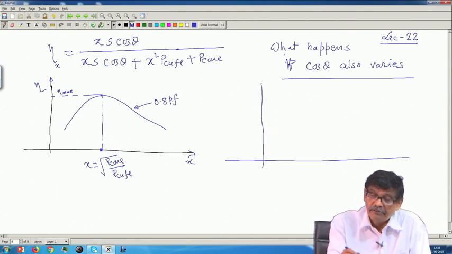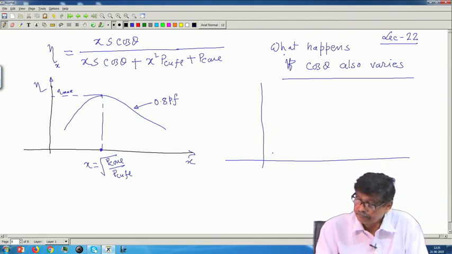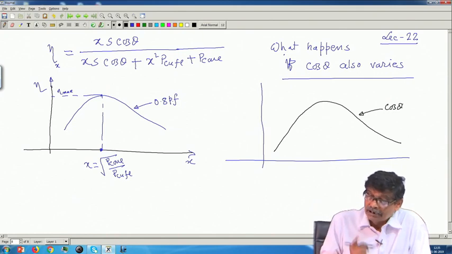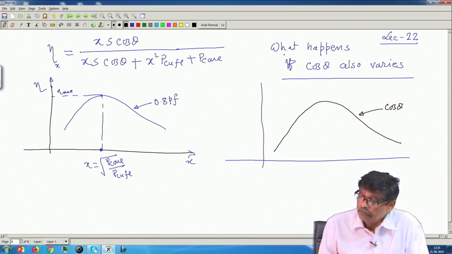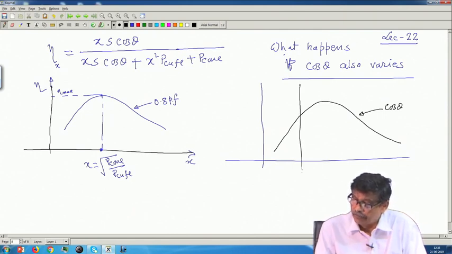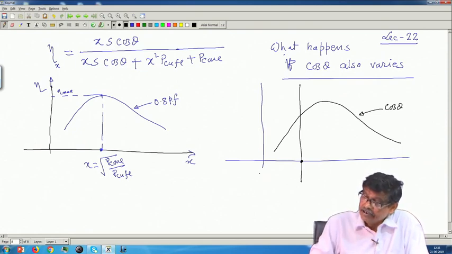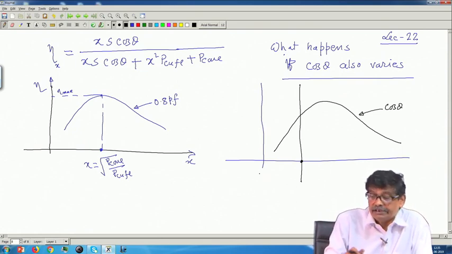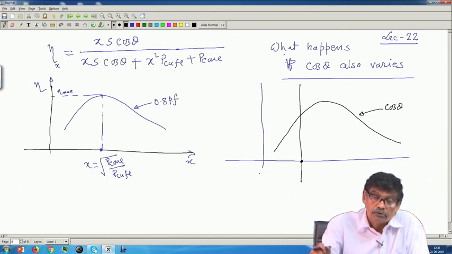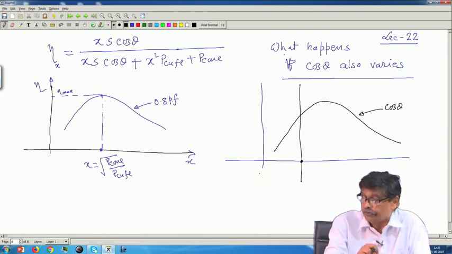This is your efficiency curve at a given power factor, say cos theta. What I am going to do now is fix the load on the transformer. That is, I want to see the effect of variation of the power factor angle of the load on efficiency.